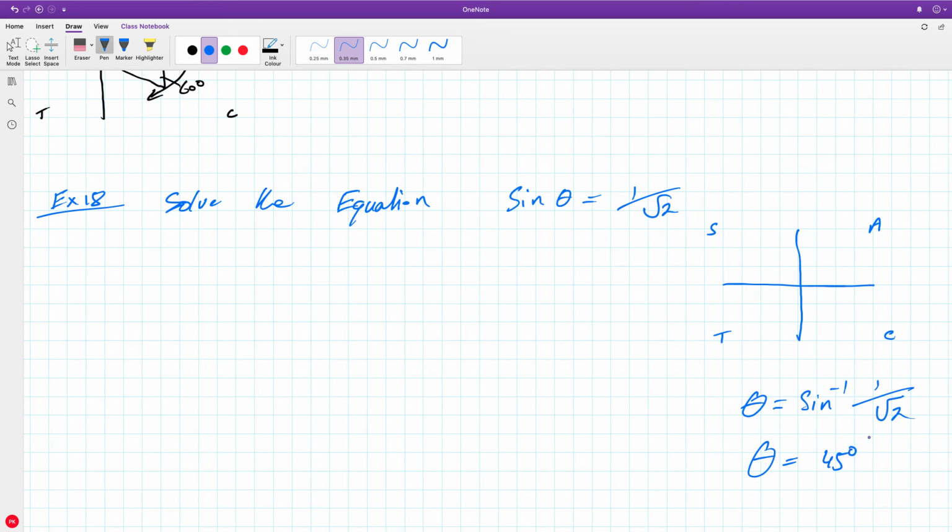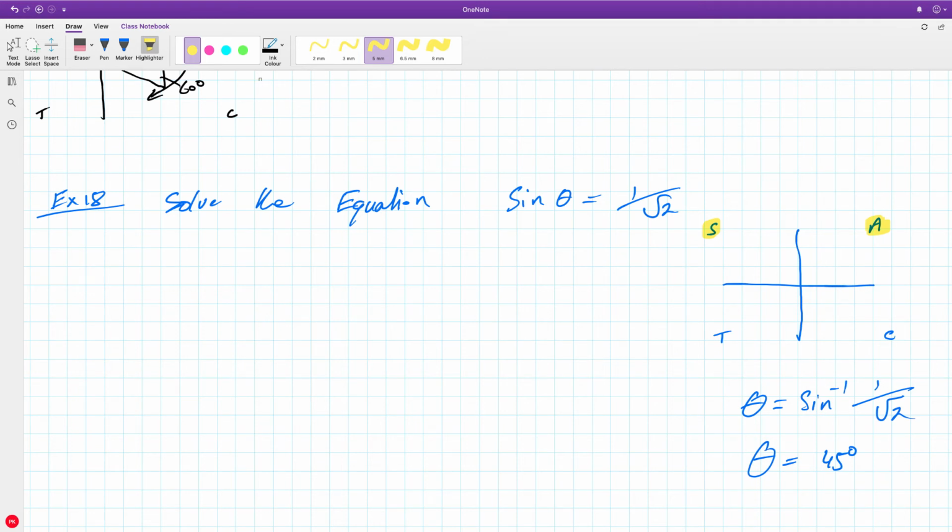Right. Is it positive or negative? What are we dealing with here? Sine, positive or negative? Positive. So which quadrants is it going to be in? First? 2. Sine is positive in all, and sine is positive, obviously, in sine.